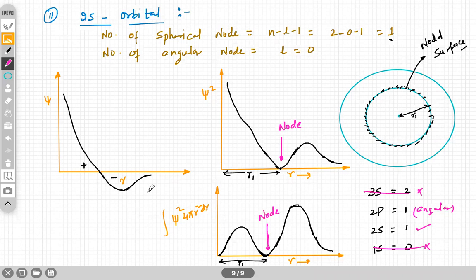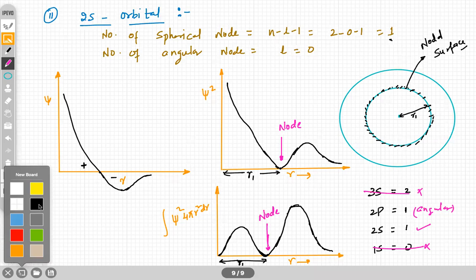Okay, one more example I'll show you for 3s, and then we'll move on from this. In the graph, they won't show an angular node at all. If only an angular node is there, you can eliminate that option easily.